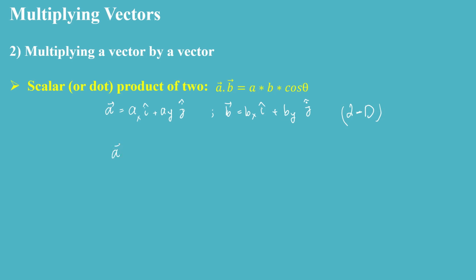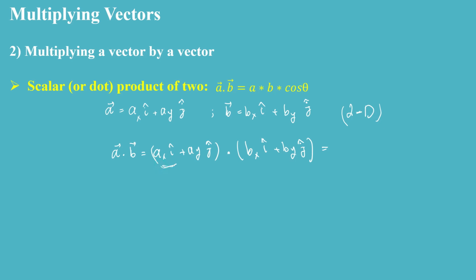Now my A dot B is going to be (ax i plus ay j) dot (bx i plus by j), right? And then, as you remember from the previous video, a unit vector can only be multiplied with the same unit vector.